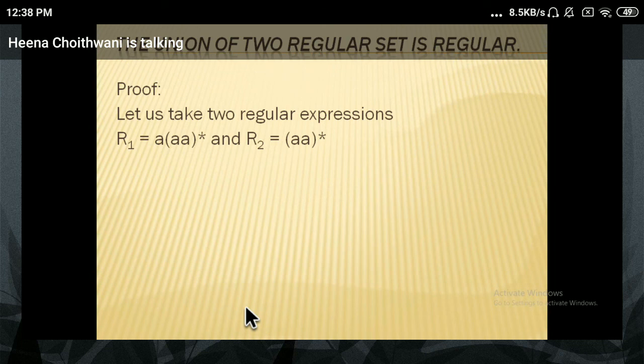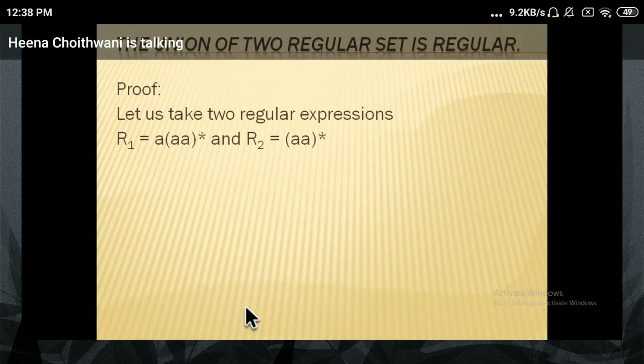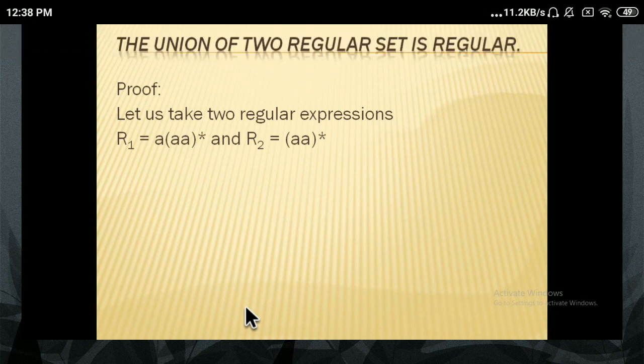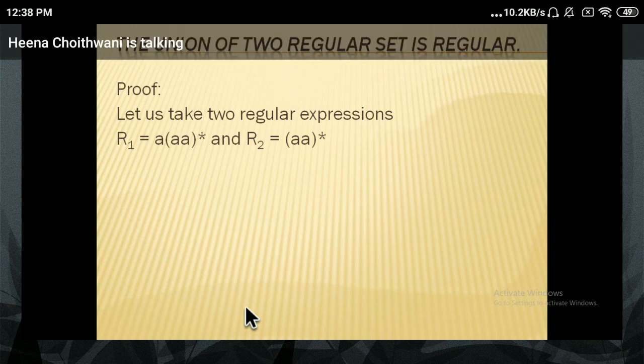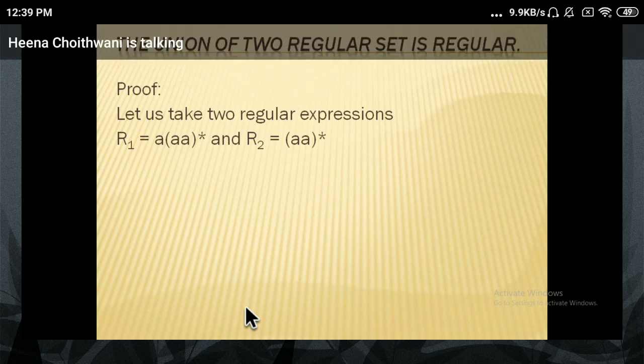Yes, what will be the second string in R1? Priyanka is saying AA. No, that is not a correct answer, Priyanka. Sanjana is saying triple A. That is the correct one. What will be the third string in R1?